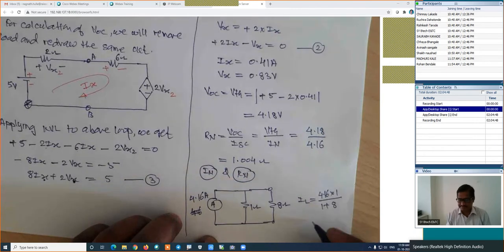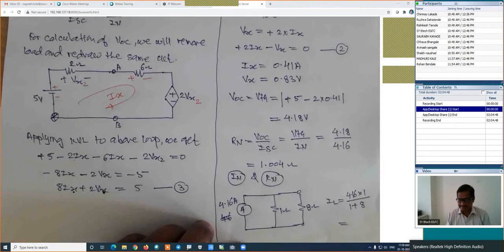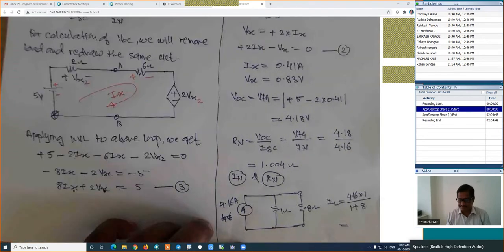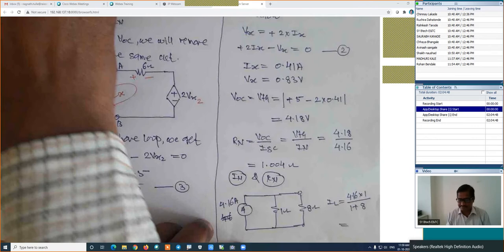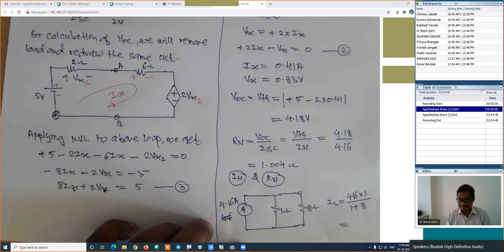Find its load current. 0.46 amperes is the IL. Is it right?